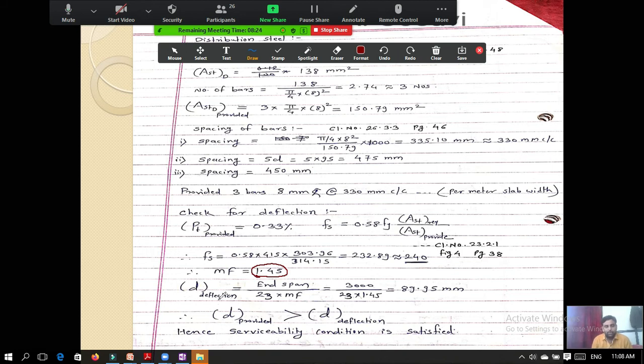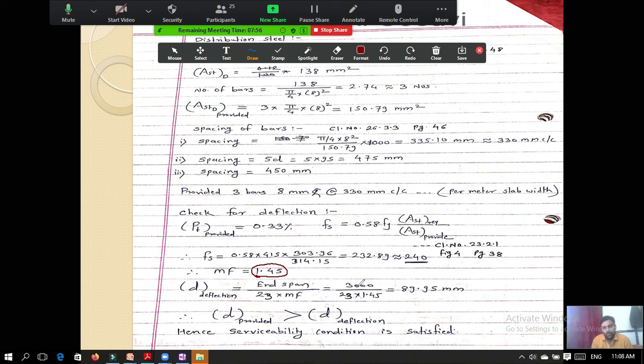Now deflection. To calculate deflection, d is equal to what? End span divided by 23 into modification factor. Okay, you can take simply the span, whatever may be the maximum span, you consider this span over here. It is not necessary that it is always the end span. So the span divided by 23 into modification factor is taken for the deflection.